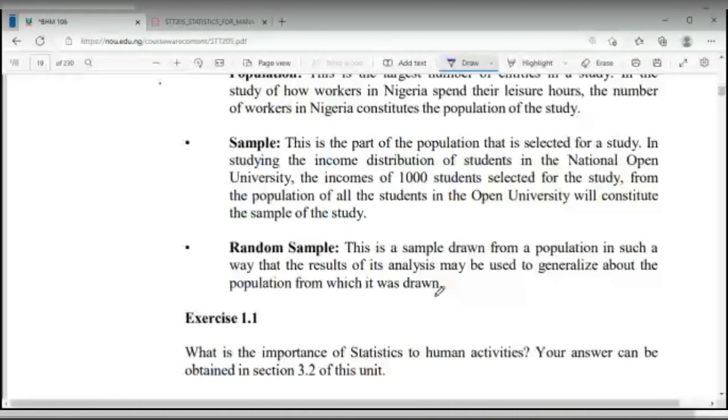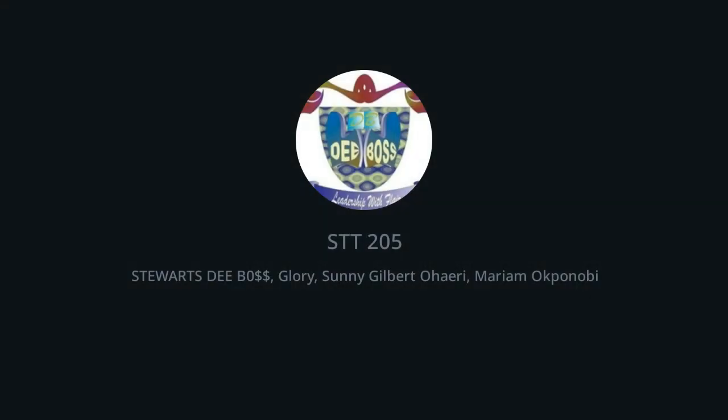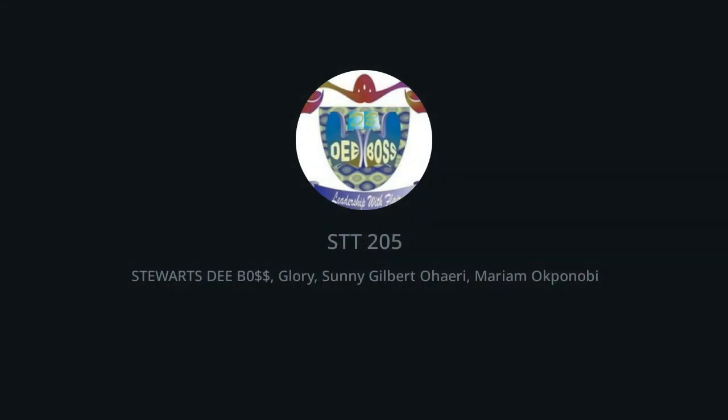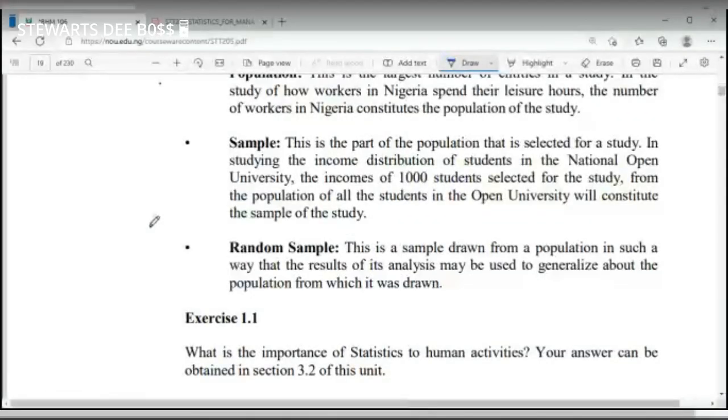If we have a population, let's say a country, and you want to get a random sample of that nation, you need to look at, for example Nigeria, all the ethnic groups, the different classes of people in the country, the classes of citizens from the, what do they call them?